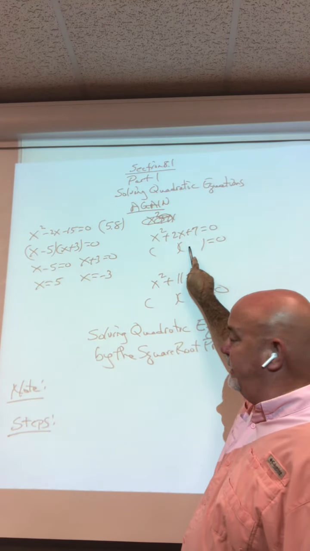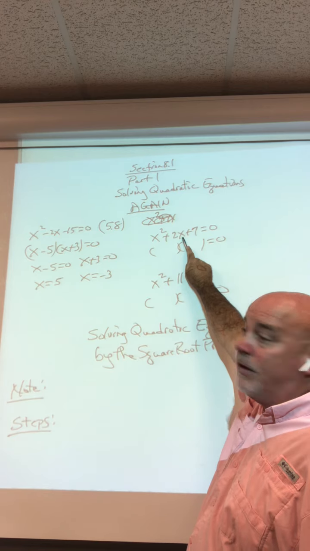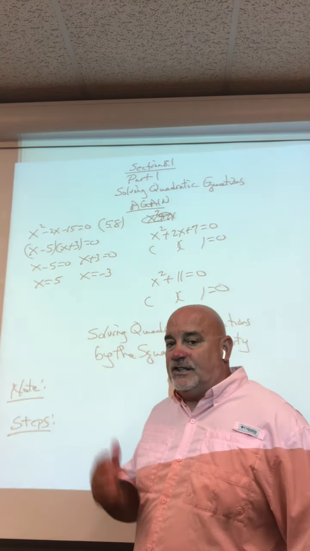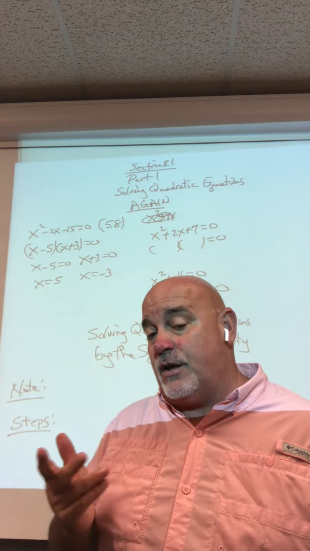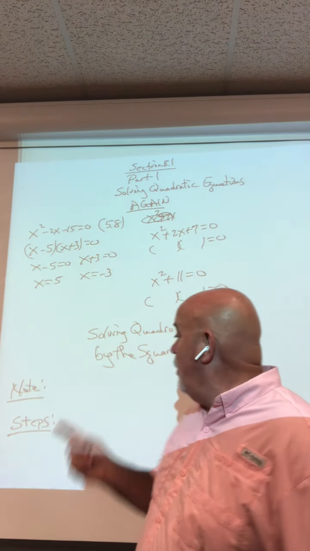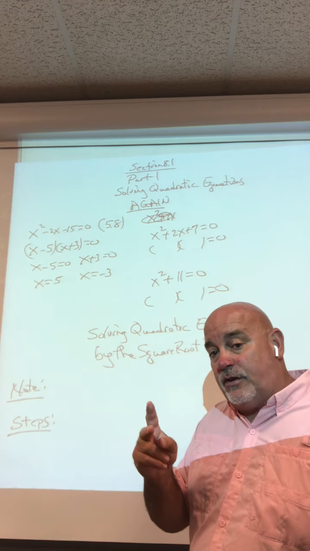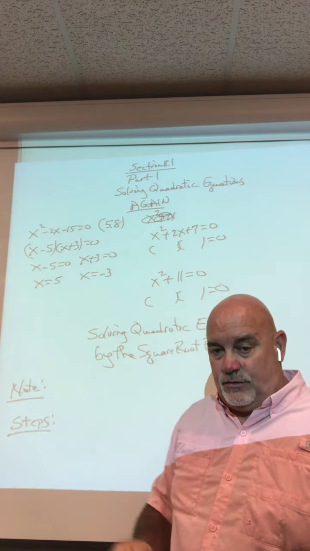No. It turns out you can't do the square root property on that one either. But you can this one. So the square root property is still limited in that it doesn't solve all of them. So I need to know two things then. Number one, I need to know when will this method work. And then number two, if it will work, then how do I use it?